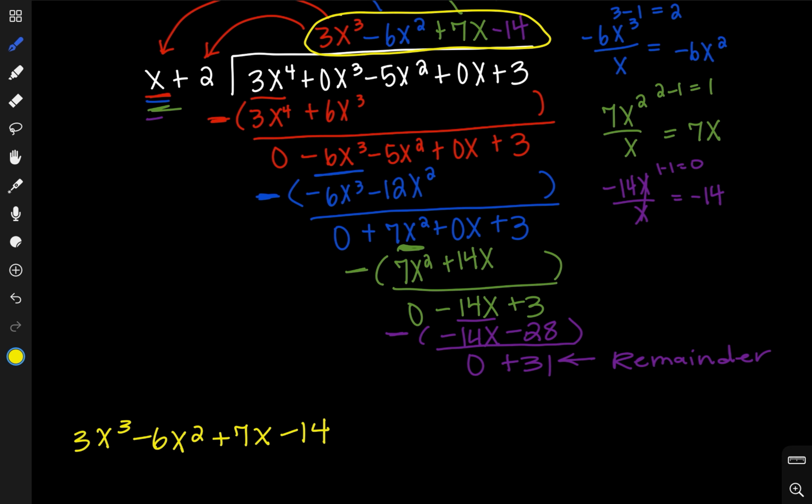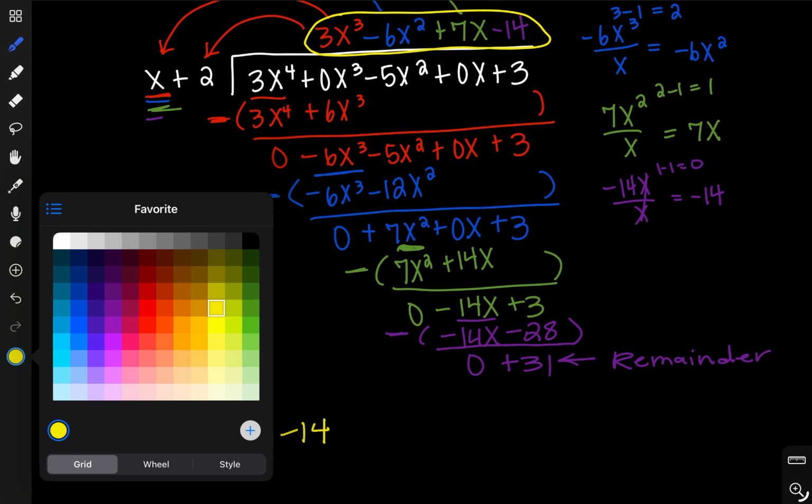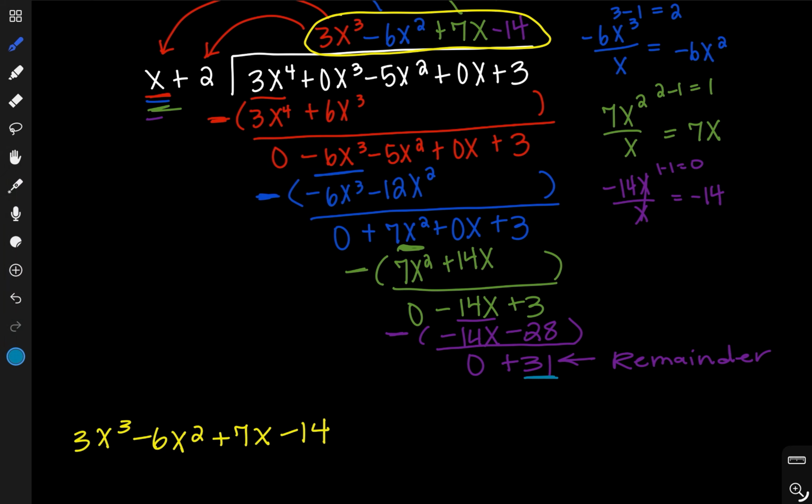Okay. And then we're going to take the remainder, which is 31. I'm going to do a different color. Okay, we'll take the remainder. We'll add it. But we have to put it over this number too, because we know that it's not fully divisible by this.